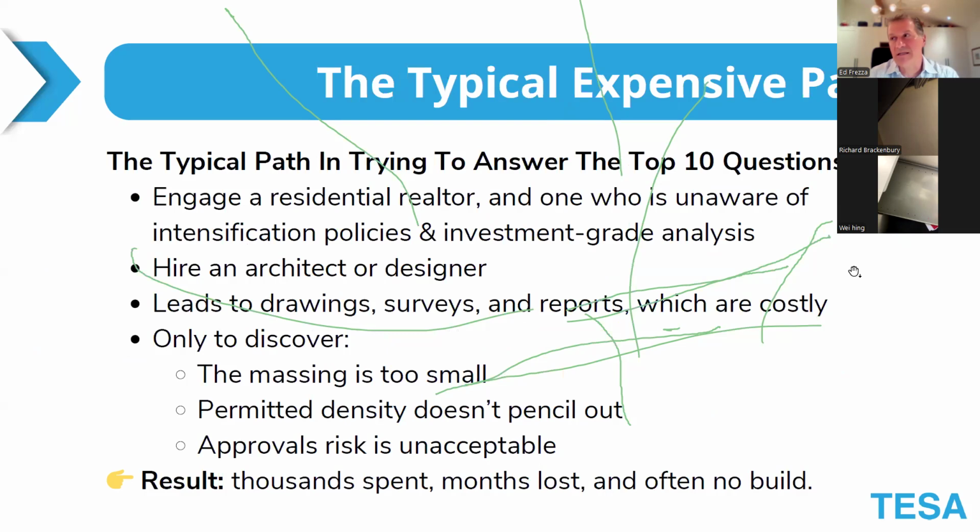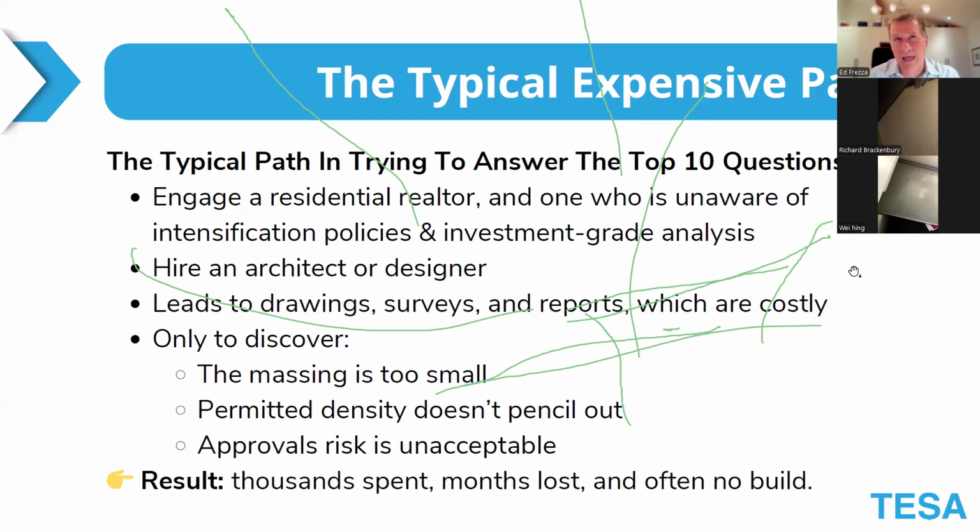So this is the way that we see people typically pursuing this, the answers to these questions. And the idea is, first of all, they gravitate right away to a site instead of spending time with a mortgage broker that specializes in MLI Select to understand what resources are available to the project.